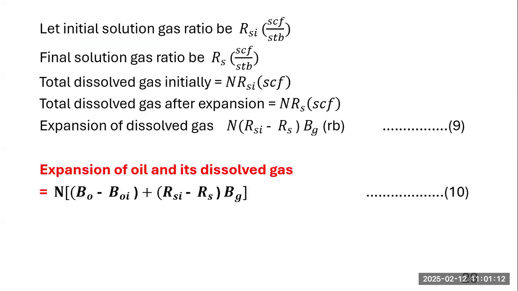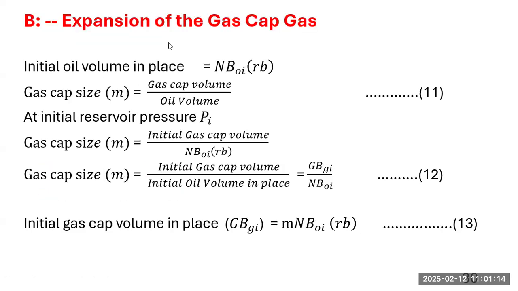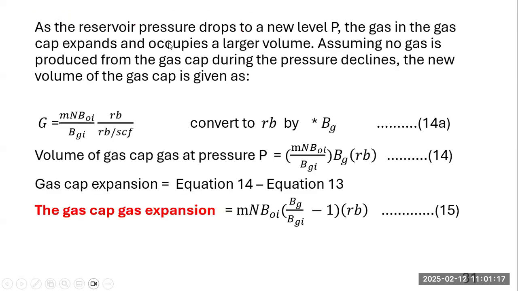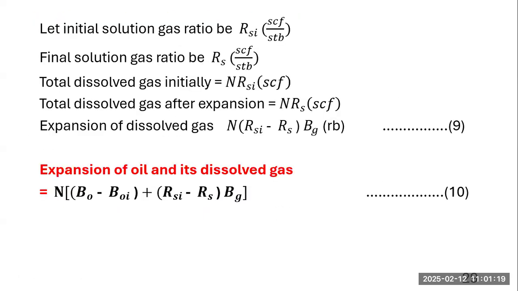Okay, so the initial solution gas ratio, RSI, and the final gas oil ratio, RS, at every other pressure. Total dissolved gas initially, that's your N, your initial oil in place, multiplied by RSI. Your total dissolved gas after expansion, N RS.